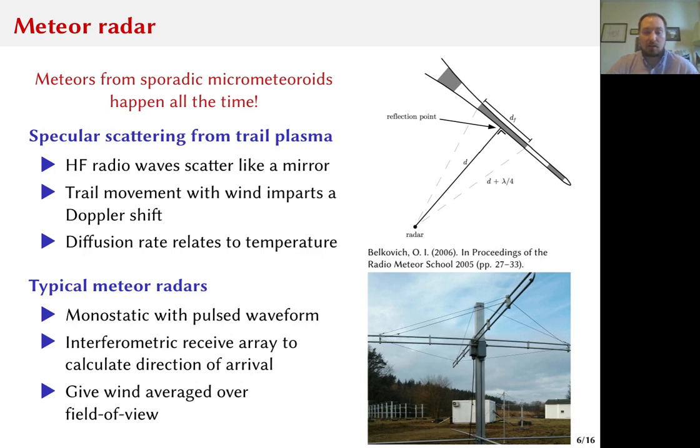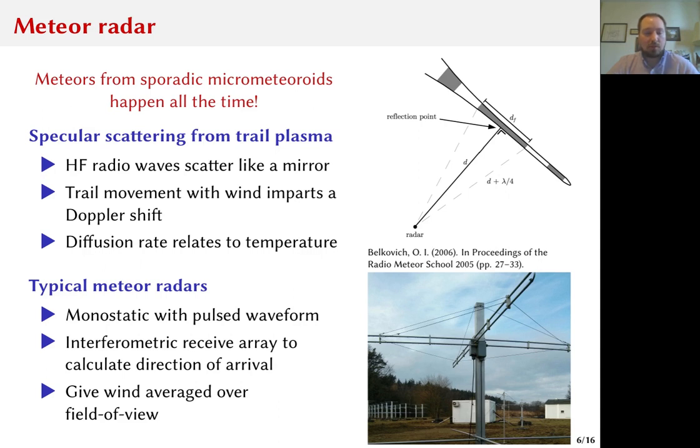And so by measuring the Doppler shift, we can also infer wind speeds in the upper atmosphere. We can also look at the diffusion rate of the meteor trail, which is a function of signal-to-noise ratio, and that can relate back to temperature in the upper atmosphere. So we have two physical parameters that we can measure with meteor radar.